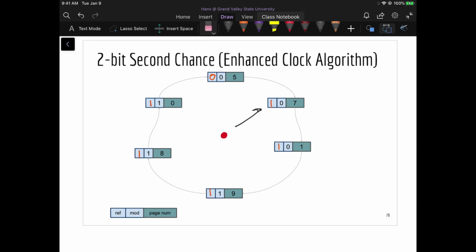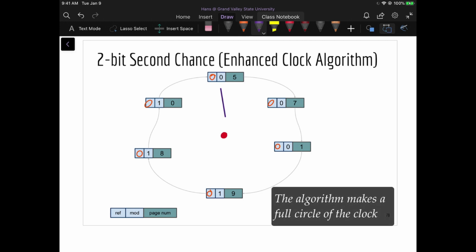Again, we reset the reference bit to 0 and continue searching, reset, continue searching, reset, continue searching, until finally we find page 5 as our victim.